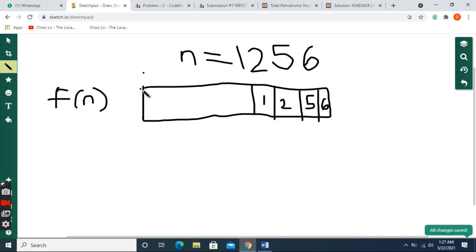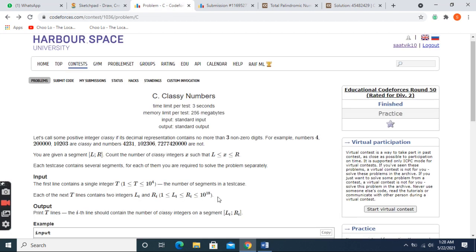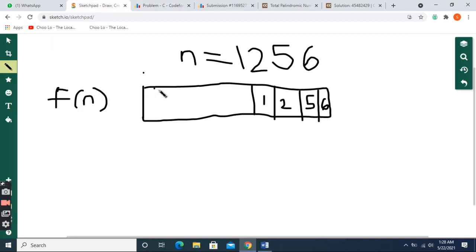As you can see in the constraint, my number can be as large as 10 to the power 18, so the size of this digit array should be at least 18, or 19 to be more exact. So for this number, obviously I will require some leading zeros here. So this is my digit array for my number 1256.